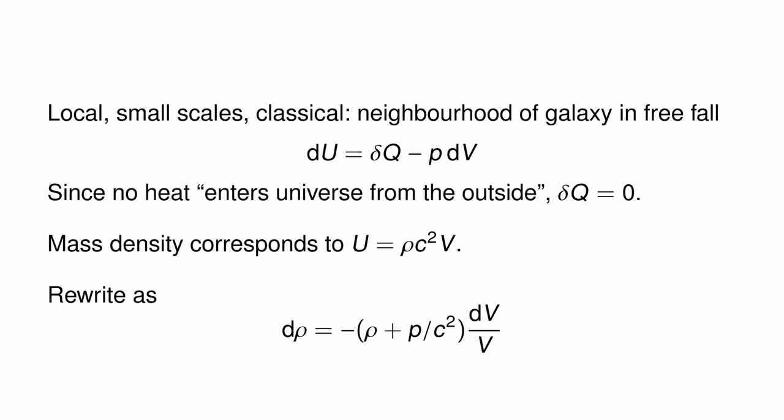So we can rewrite this as follows. We've just applied the usual Leibniz rule to this bit here, and now we have the change in density related to the relative change in volume in this way. But we know how the volume changes. Because again, look in this very simple local situation, look at a cube, side length L or whatever.